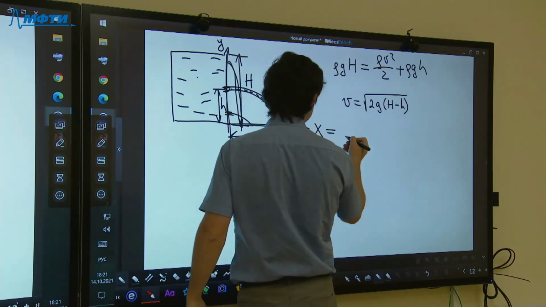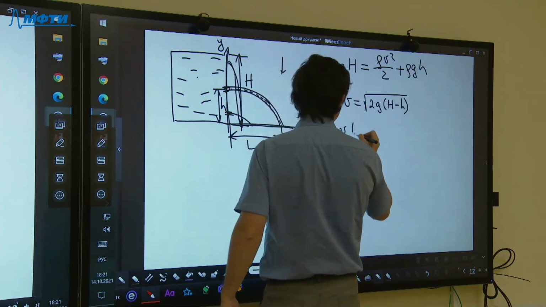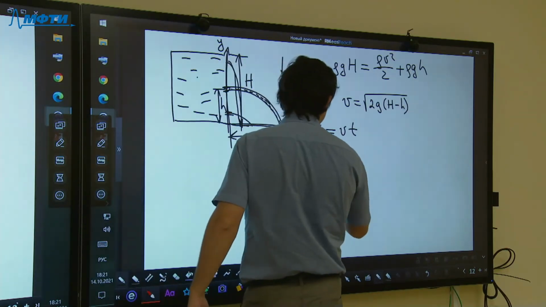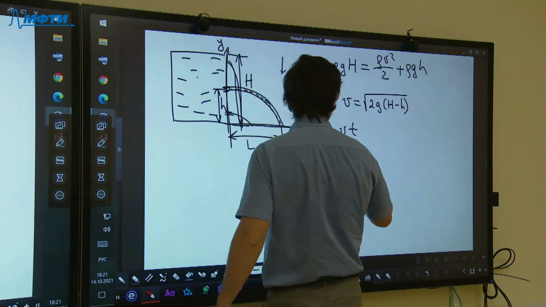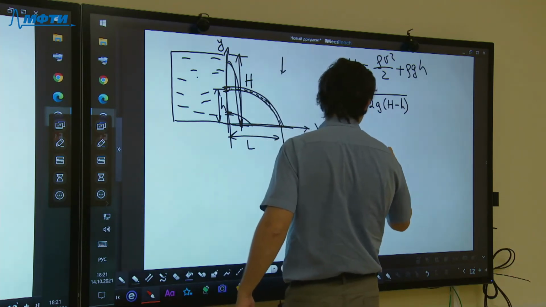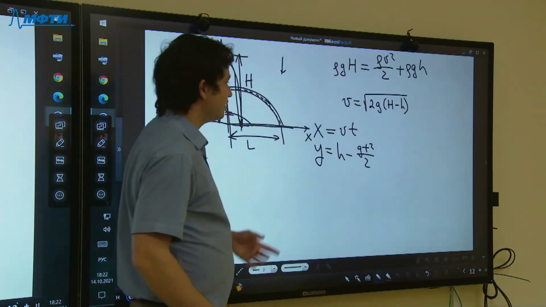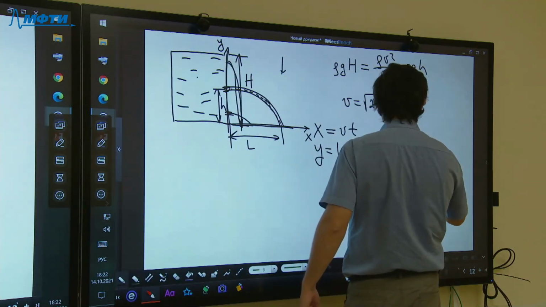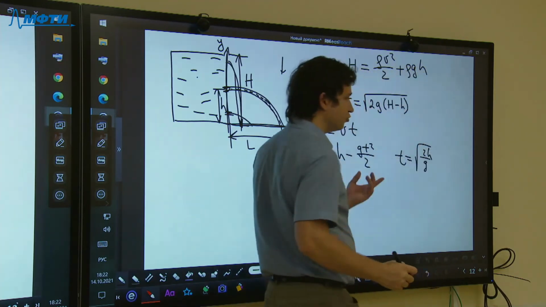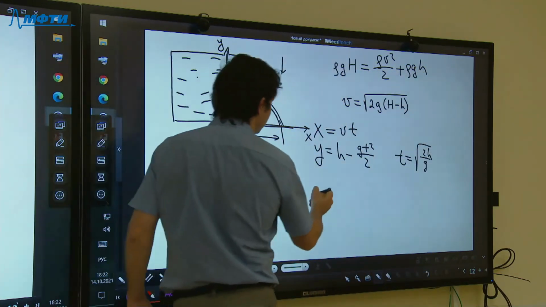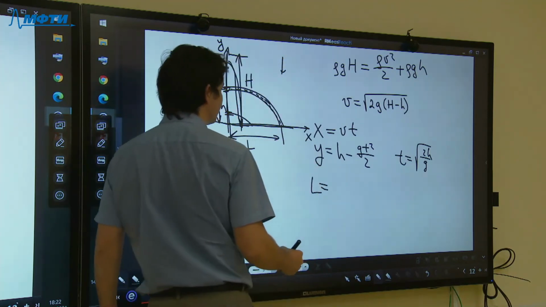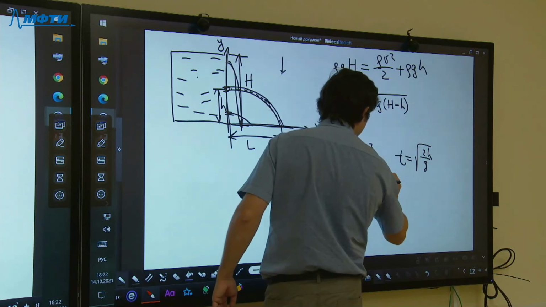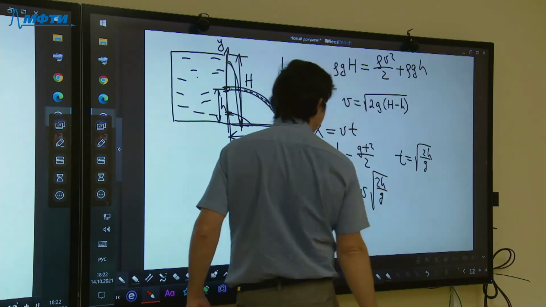First of all, x coordinate would change proportionally to the time of travel t, while y coordinate would be equal to h minus gt squared over 2. So it takes the amount of time t equal to square root of 2h over g to reach the ground, and that means that the distance traveled would be equal to v times t, that is v by square root of 2h over g.